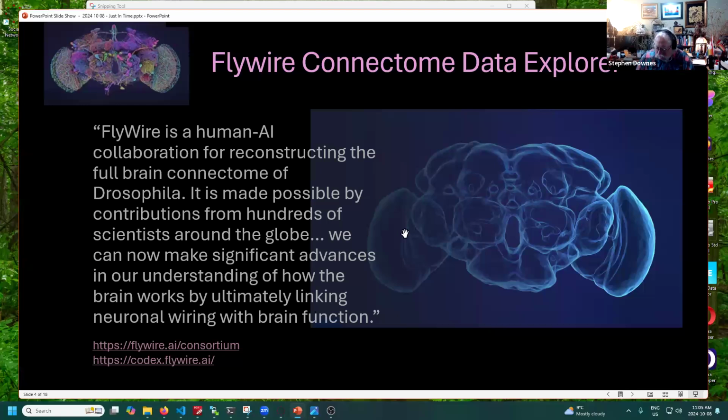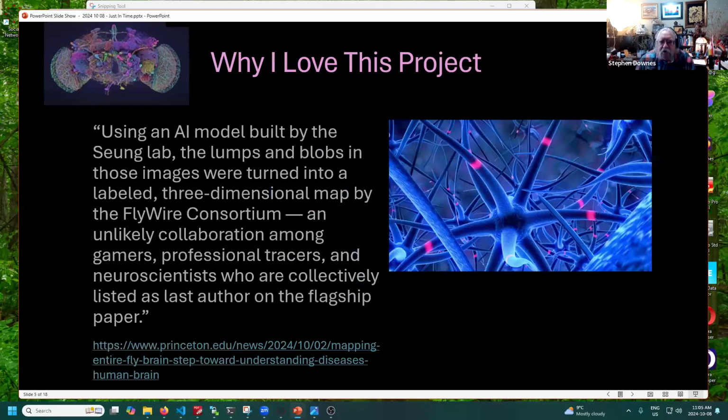It's a huge advance. And what I really love about this project is that it wasn't just some scientist working in a lab, wasn't even just a bunch of professors working in labs connected across the country.